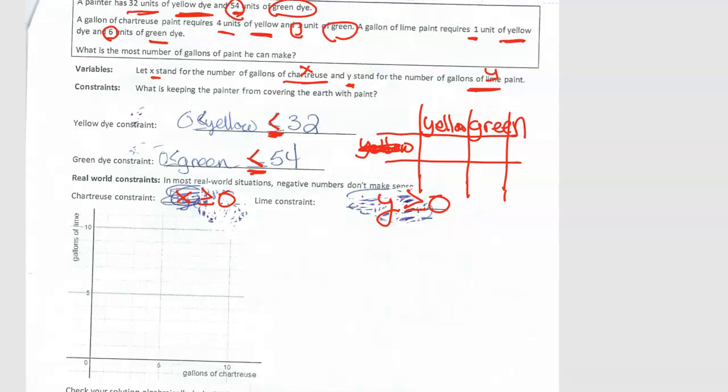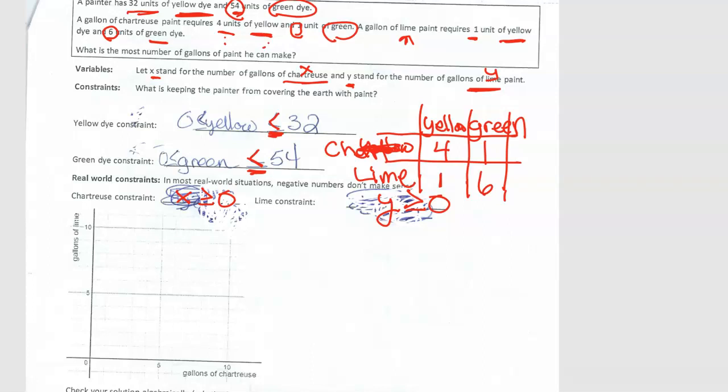Now he wants to make chartreuse and lime. So when he's making the chartreuse, I look back up here, and it says that it takes 4 yellow and 1 green. And then for the lime, it takes 1 yellow and 6 green.